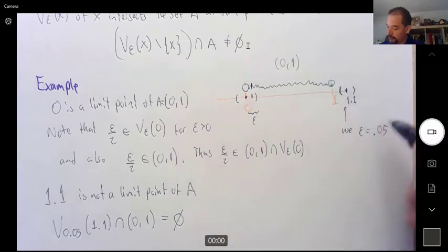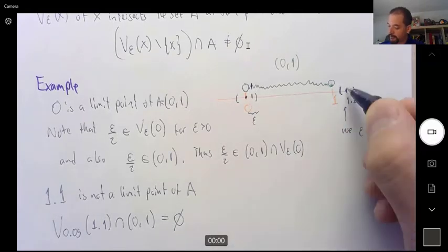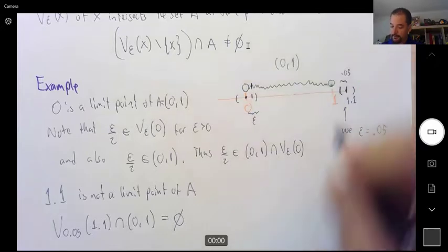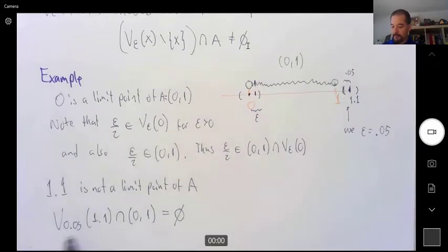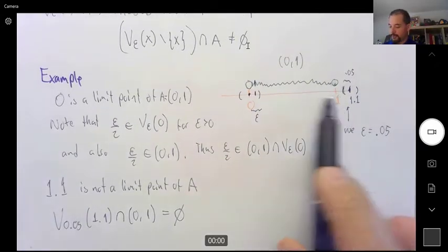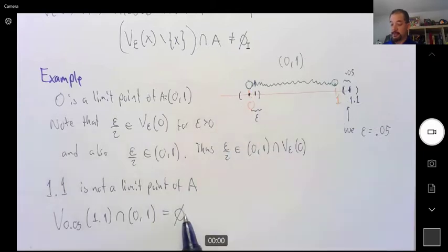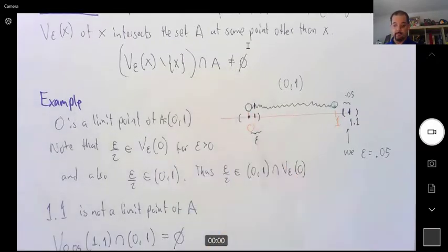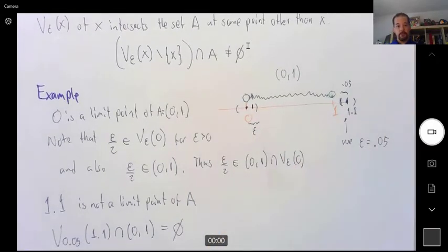And I made it small by choosing 0.05. This is half the distance from 1.1 to 1. And with that one, the neighborhood, if you intersect with the interval (0, 1), you get the empty set, right? And you can tell over here that the definition says it should be non-empty. It should be non-empty. Okay.